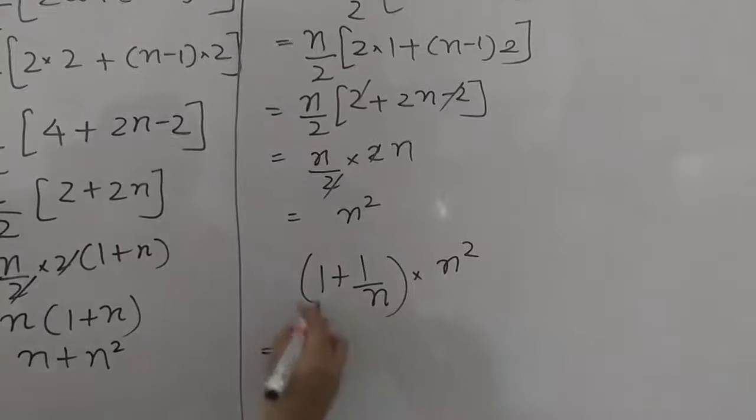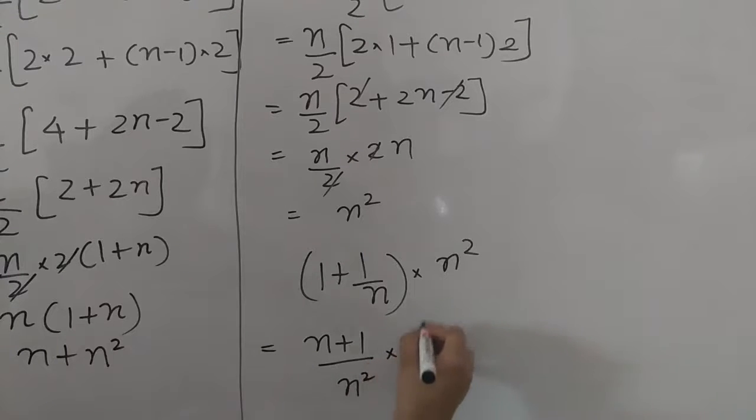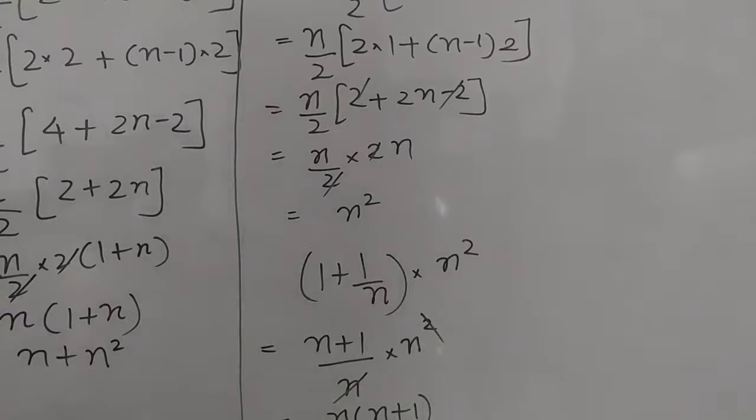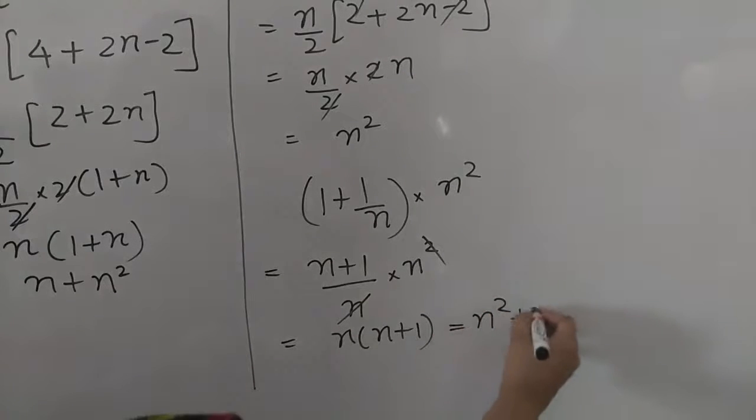Taking LCM, I get n plus 1 upon n, into n square. This is n only, not n square, in the denominator. So this n and square get cancelled, and I get n plus 1 into n, which if we multiply gives n square plus n.